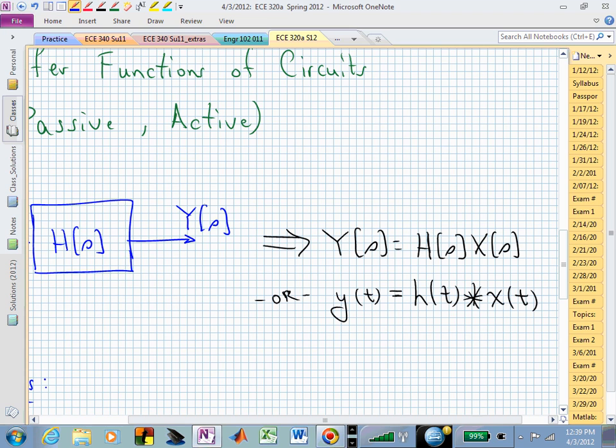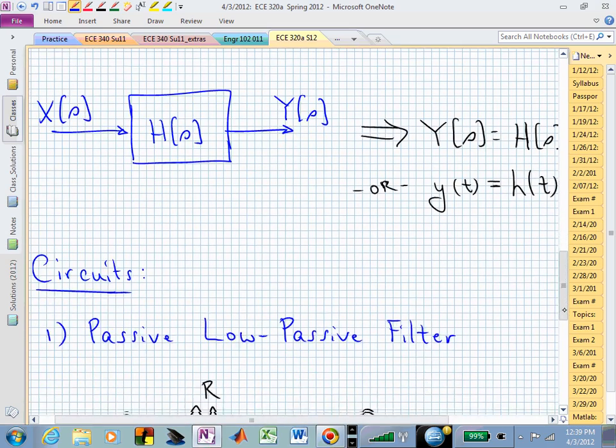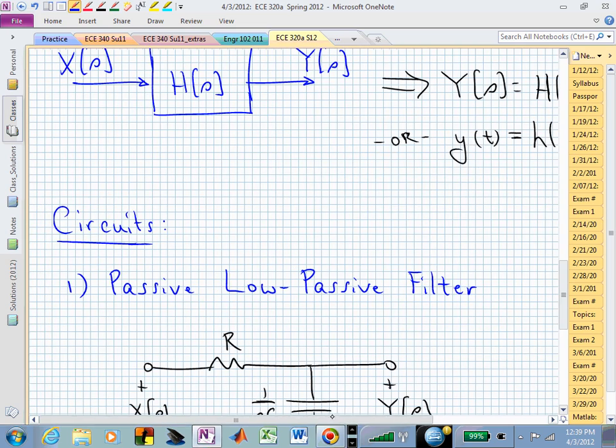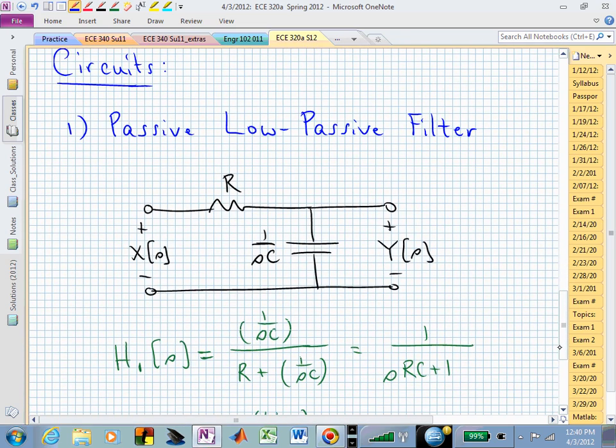That's the inverse Laplace transform of your transfer function, capital H of S. You now can convolve that impulse response with your input waveform in the time domain to generate your output response, y of t. If you found capital Y of S, then you simply have to inverse Laplace transform to obtain lowercase y of t. Let's now look at some circuits.